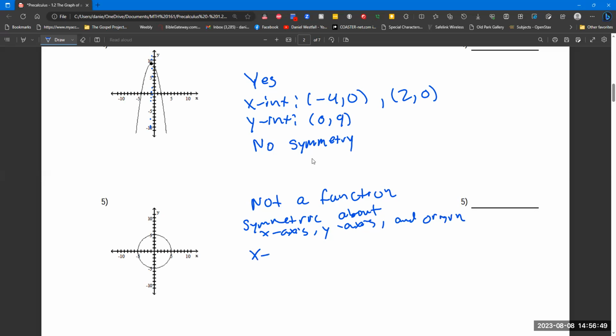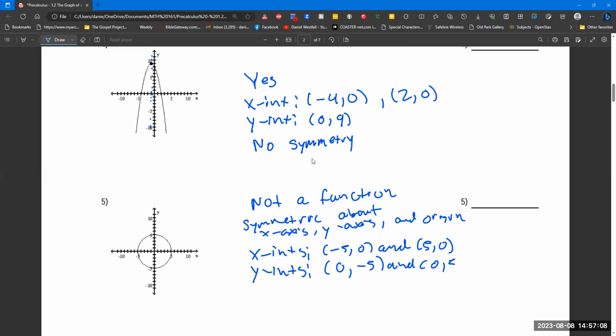It's got x-intercepts at (-5, 0) and (5, 0). And it's got y-intercepts at (0, -5) and (0, 5).